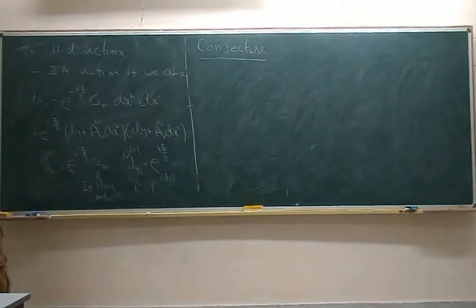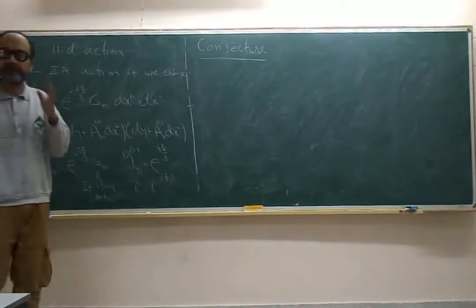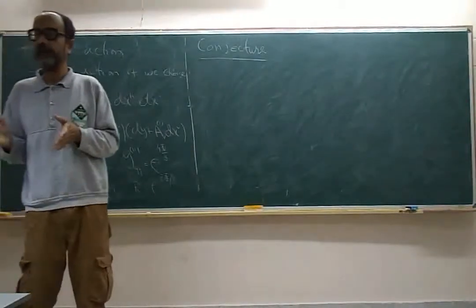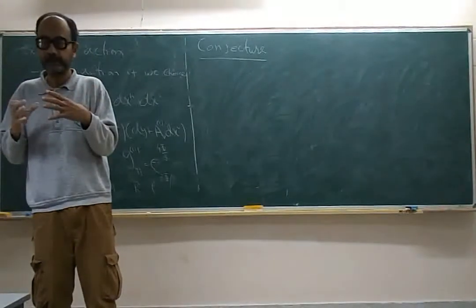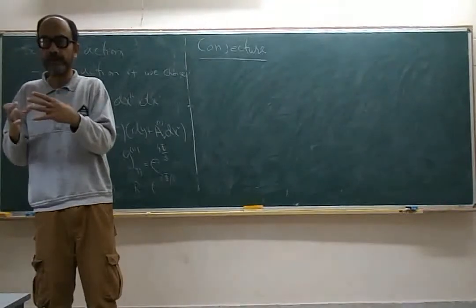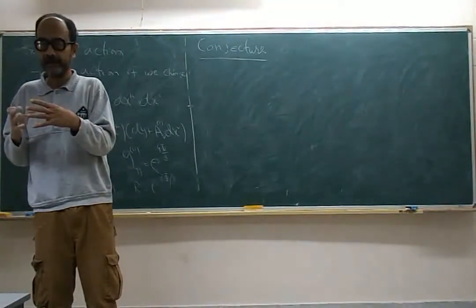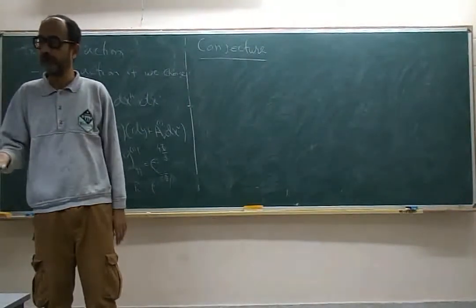What this conjecture tells us is that besides the single D0 brane, you should have bound states of an arbitrary number of D0 branes. Imagine that you had a bound state of n D0 branes, which is also a stable particle. Then it will automatically provide you these Kaluza-Klein modes.